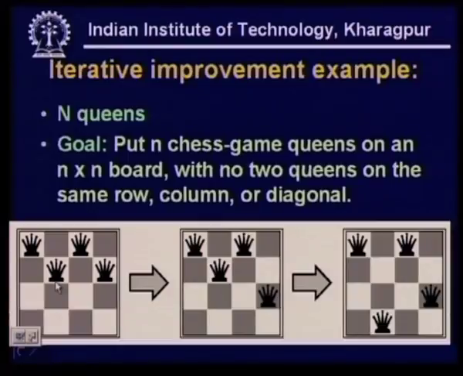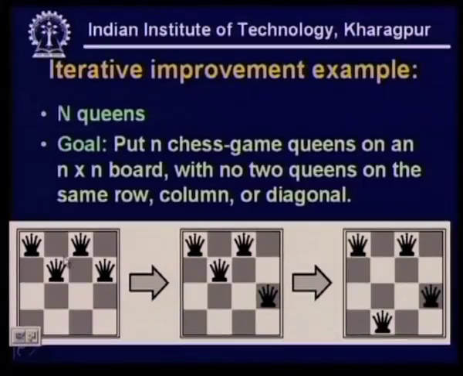So we can reformulate our objective as wanting a board with 0 conflicts, or we want to minimize the number of conflicts, that is, minimize the number of pairs of queens which can attack each other.